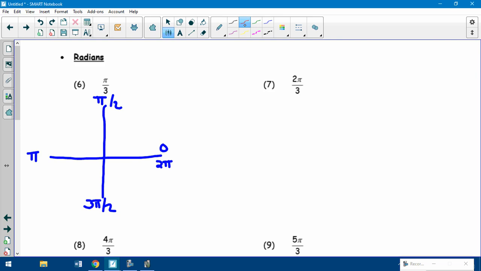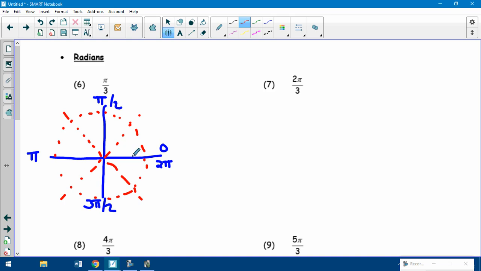One way is to kind of think about this as a pizza. So if you picture a pizza on here right now, pi divided by 3. 0 to pi, the top half of the pizza has a radian measure of pi. So if I divide that in thirds, do the same on the bottom, how many pizza slices would you have? You'd have 1, 2, 3, 4, 5, 6.